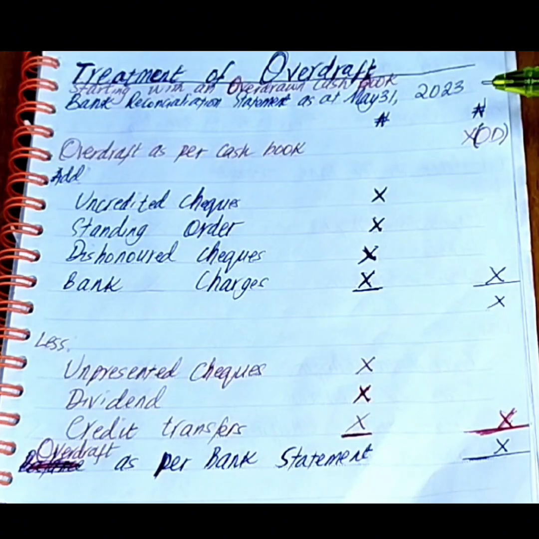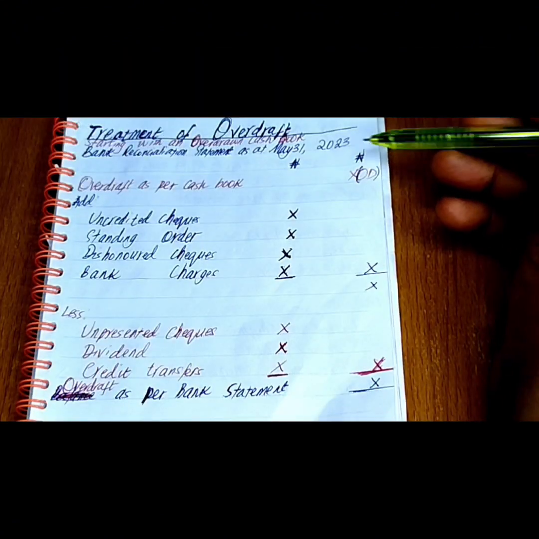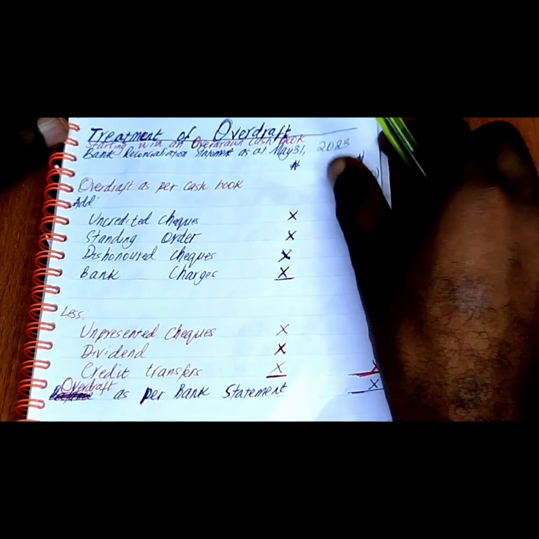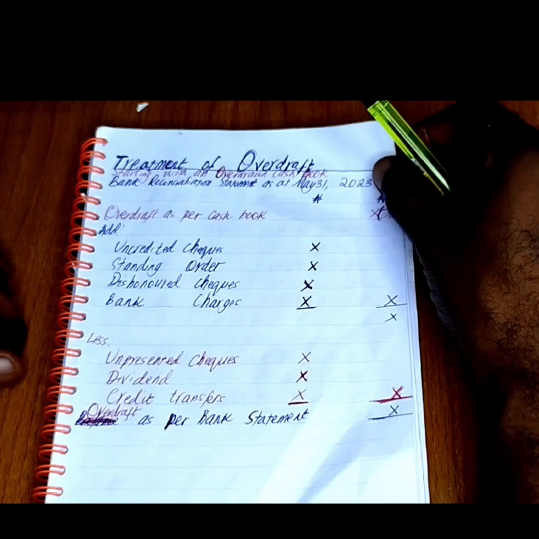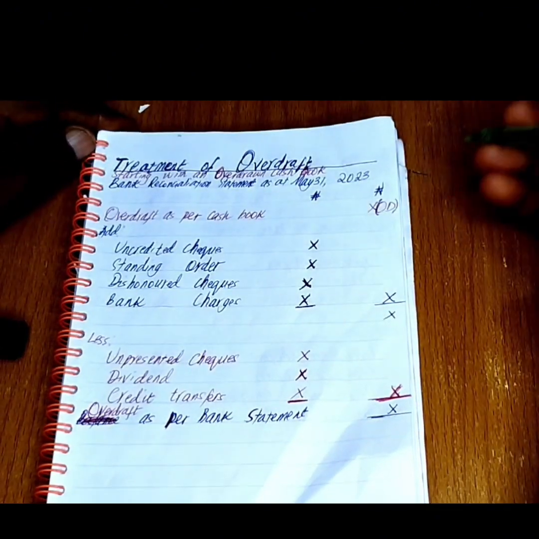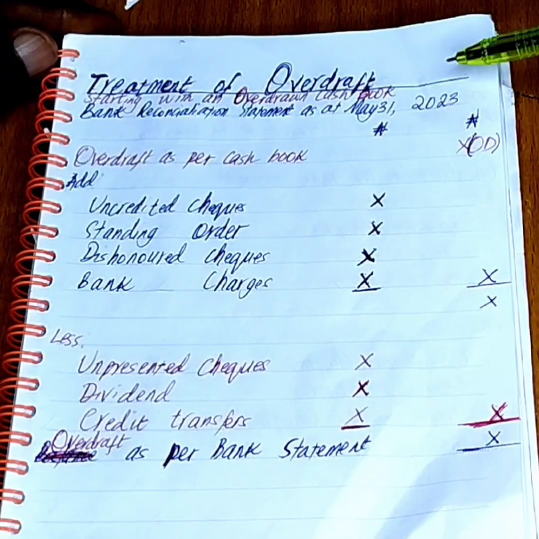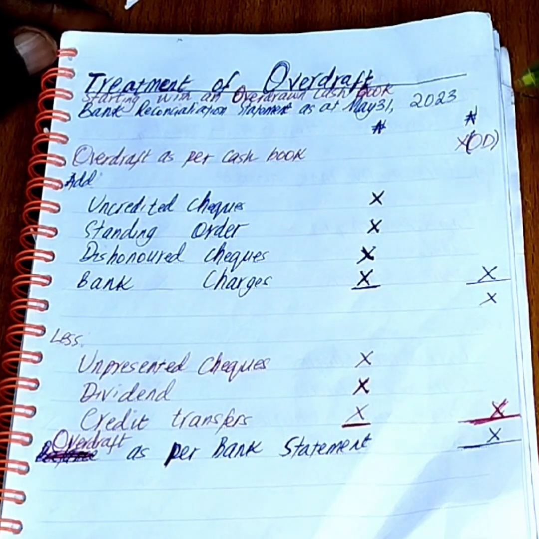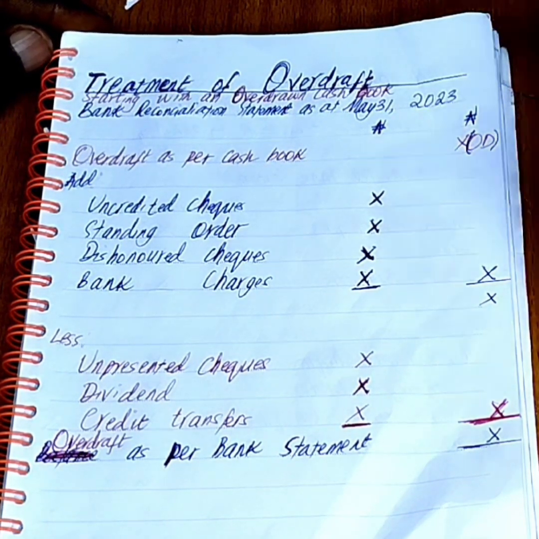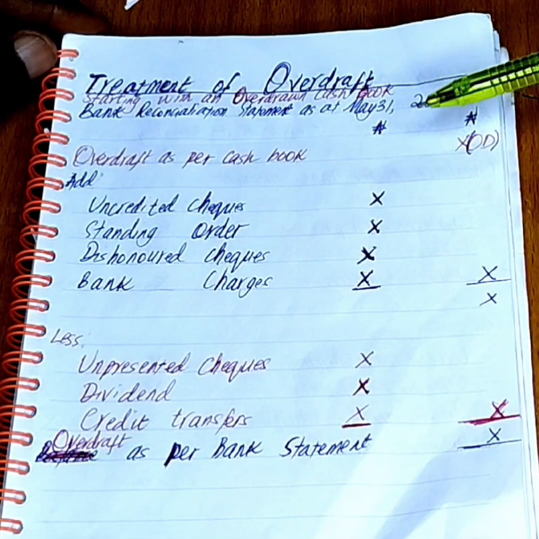The next thing that we are considering is the treatment of overdraft. What is an overdraft? An overdraft is a situation where your bank allows you to withdraw more than the amount you currently have in your bank account. The bank does this because you are their customer.